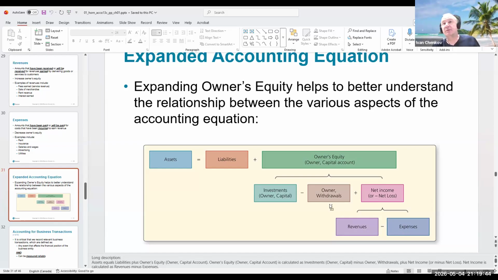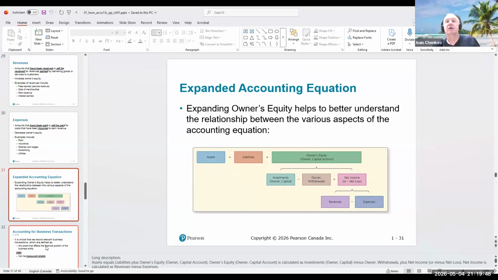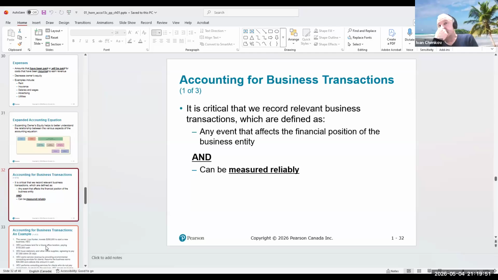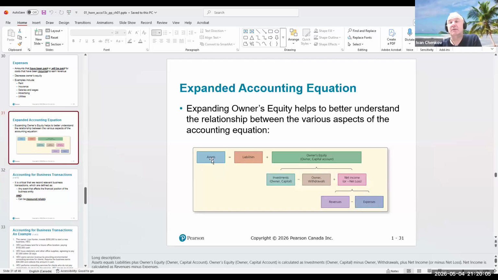Now, once we have those ideas, we can start running the business, and we're going to start having transactions. In order to have a transaction, the event that happened has to be related to either an asset, a liability, or the owner's equity.